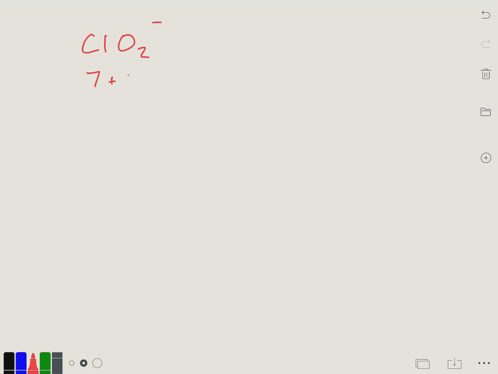Oxygen has 6 times 2 is 12, and we've got an extra one. This looks like it's going to be 20 electrons. So we've got chlorine in the middle, oxygen on the side. Let's go 2, 4, 6, 8, 10, 12, 14, 16, 18, 20. Looks like everybody has an octet here.